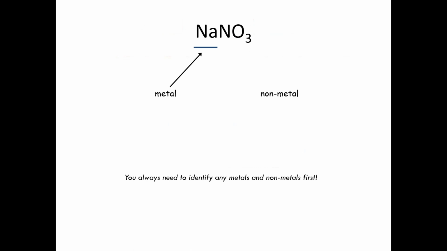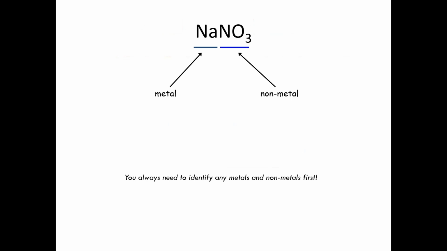The next compound we have is composed of sodium and nitrate. So to start, you need to identify the metal and the nonmetal. So we know that sodium is the metal and that nitrate is the nonmetal component. Now you may be thinking, let's take the difference in electronegativity.